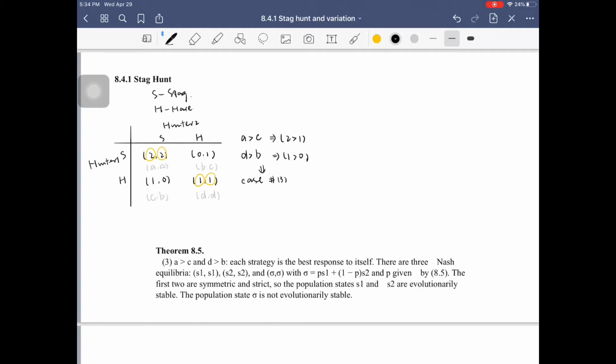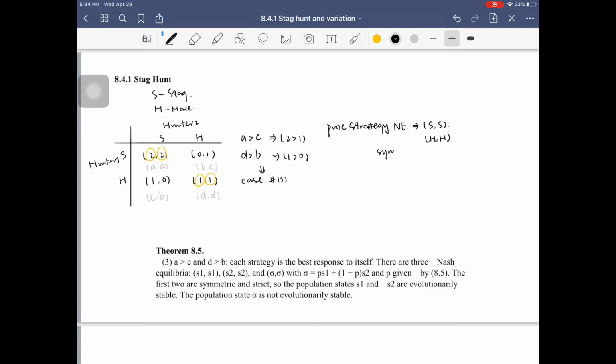So we can write it down as pure strategy Nash equilibrium is SS and HH. And both the pure strategies are symmetric.